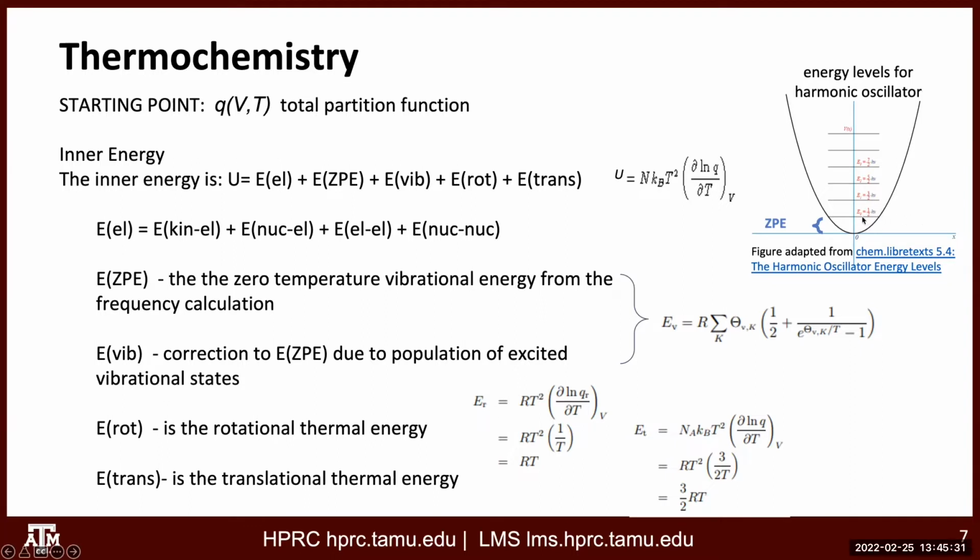Because when you do a frequency calculation, even at zero temperature, you have a half of hν. You already have a part of vibrational energy, and the electronic energy plus this part gets you the zero point energy.